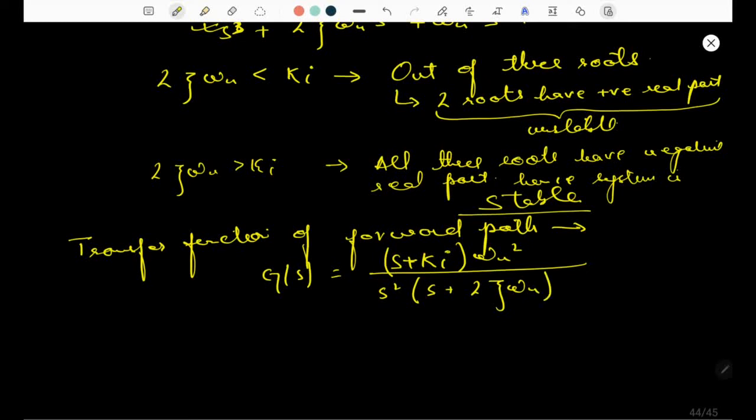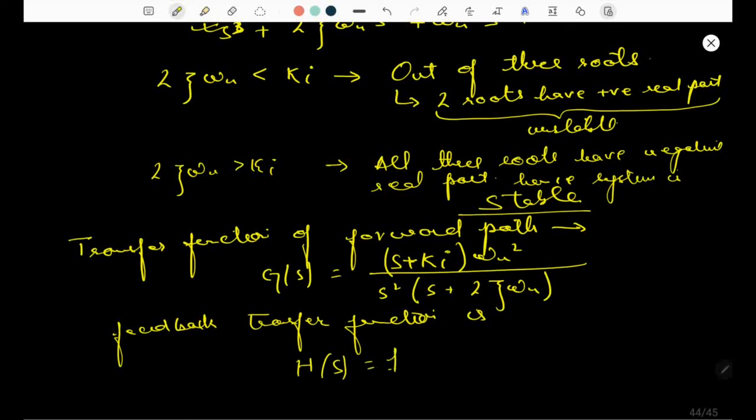All right, and the feedback transfer function is H(s) equals 1.